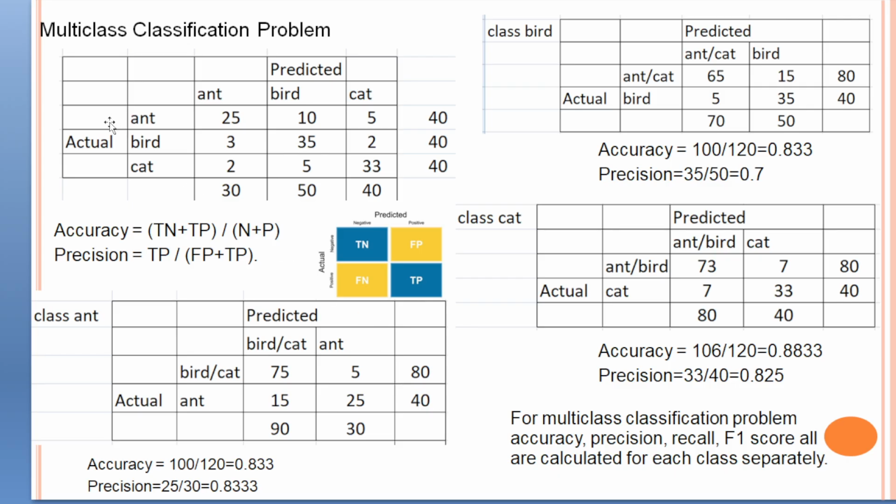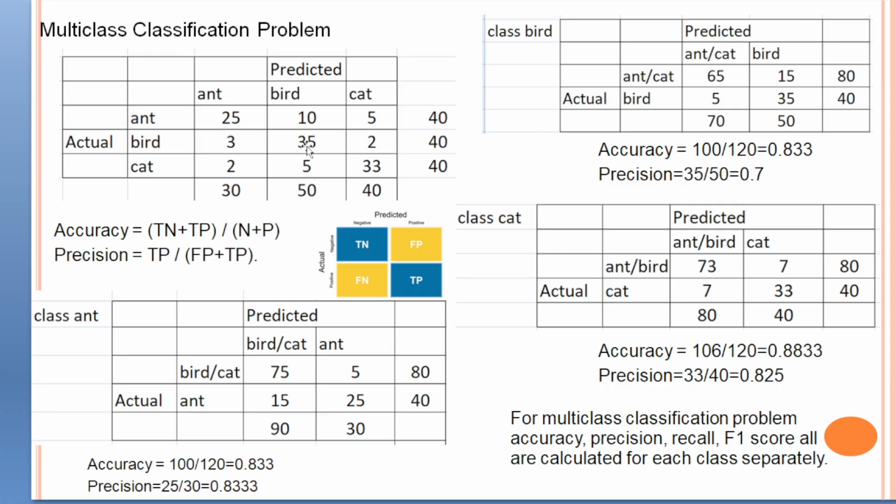Now, as we can see, in actual it was ant and classified as ant. So this number is 25. So we have written 25. In actual, it was ant, but it was classified as bird or cat. So this number is 15. So we have written this number 15 over here. In actual, it is bird or cat, and it is classified as bird or cat.